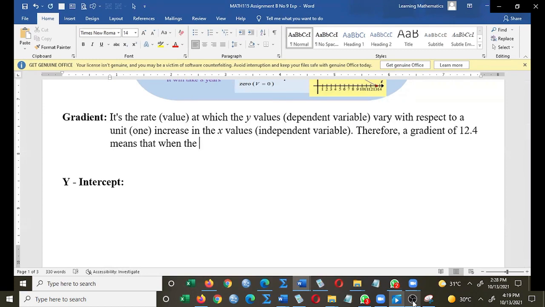A gradient of 12.4 means an increase by 12.4 on the y-axis.